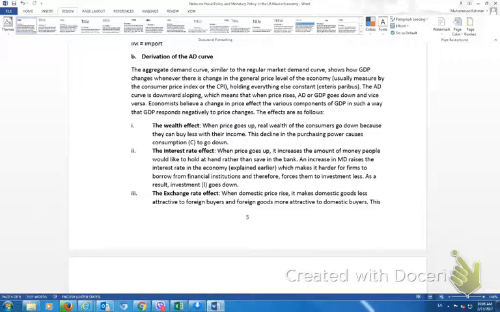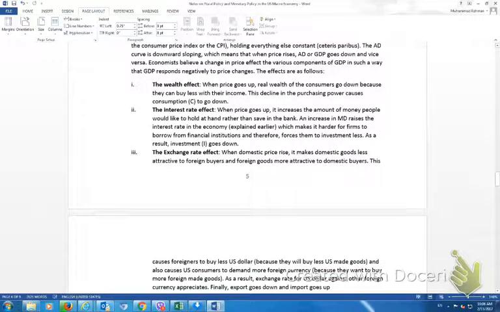The last one is kind of interesting, the exchange rate effect. As it turns out, an increase in the overall price level of the economy can have a similarly devastating effect on the trade of the economy with other countries. To begin with, if the price level of the economy goes up, your domestic goods are more expensive than foreign goods.